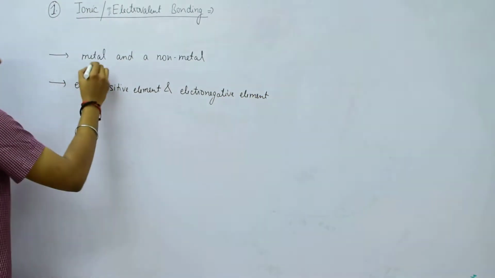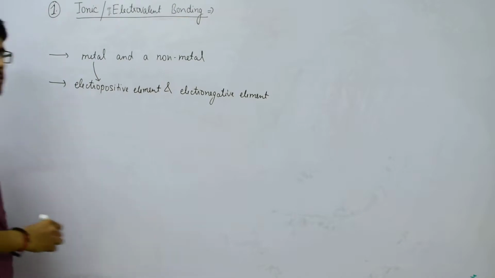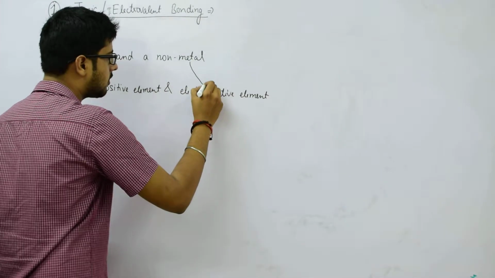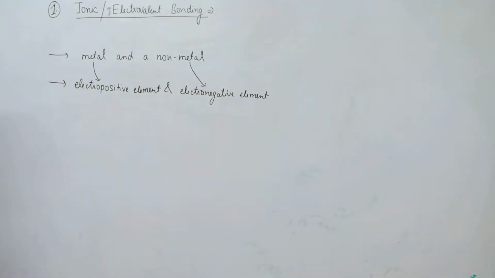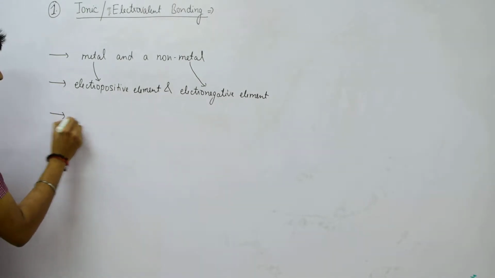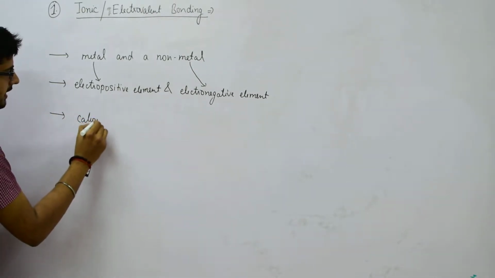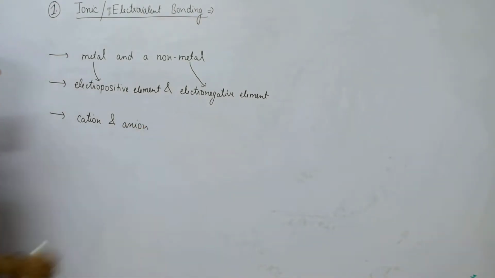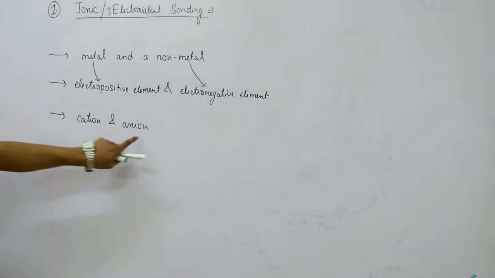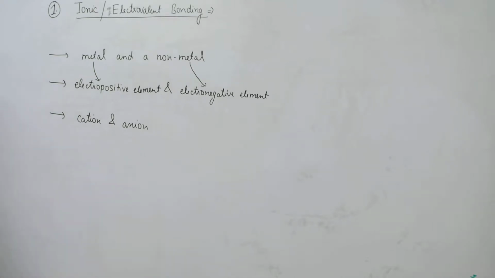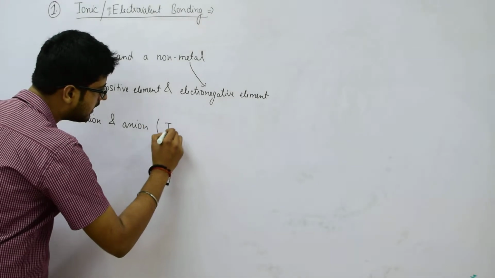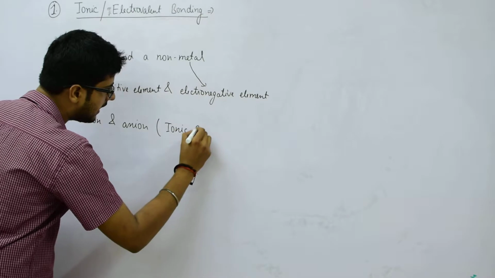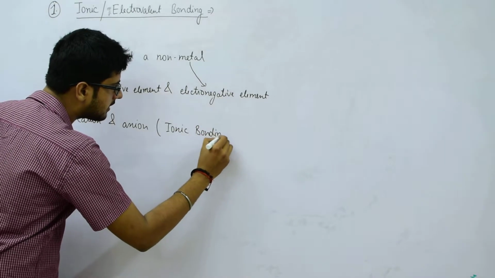We know that metals are called electropositive elements and non-metals are called electronegative elements. The third is that it is formed between cation and anion, and because it is formed between two oppositely charged ions, it is called ionic bonding.